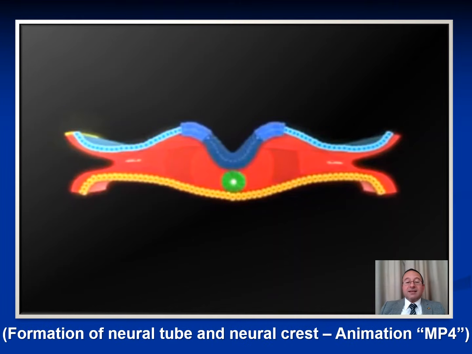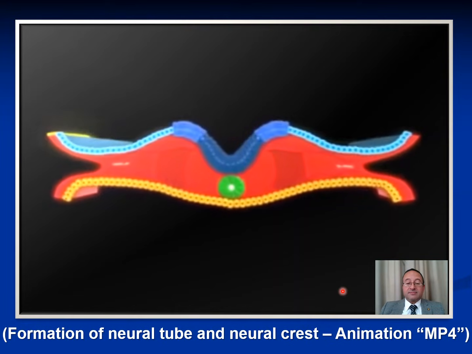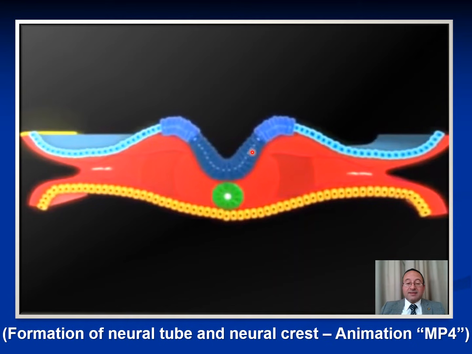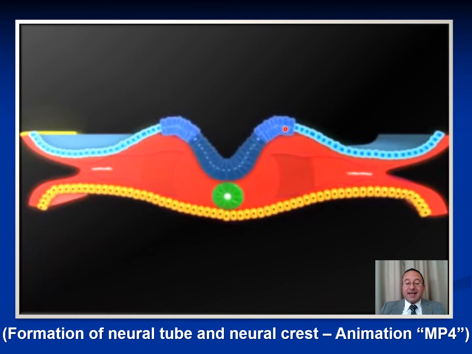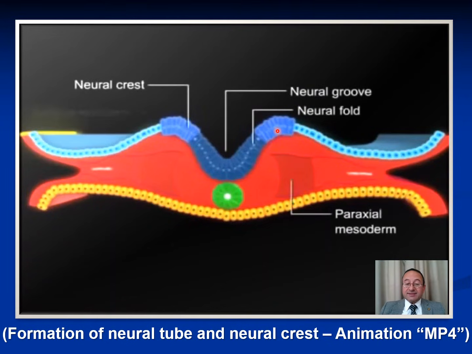Okay, this is another video, very nice, showing how the neural groove and the neural crest cells are formed. There's the neural groove, and this thickening on each side is the neural crest.